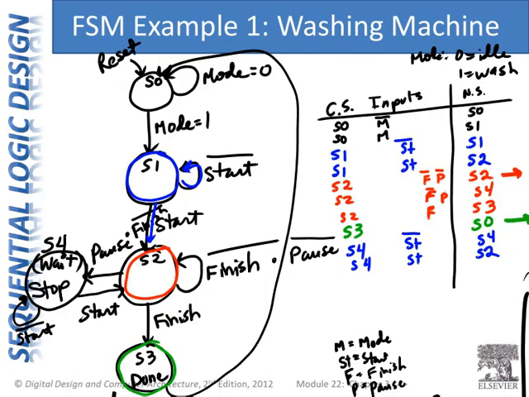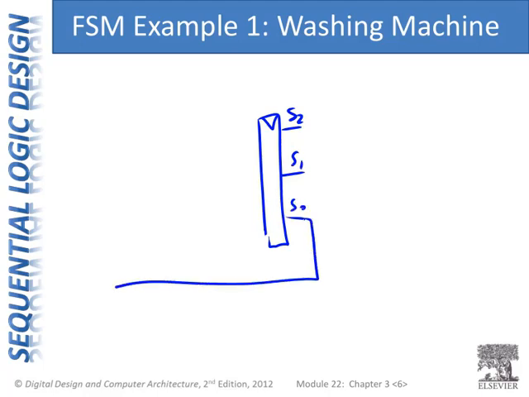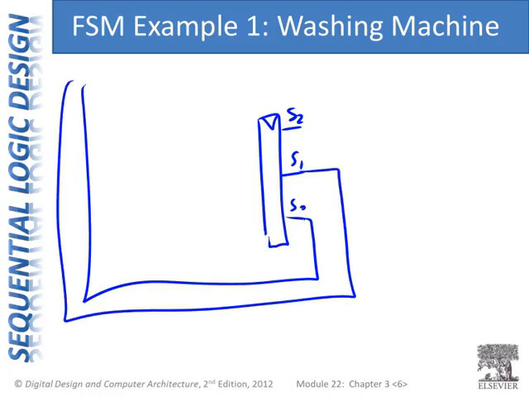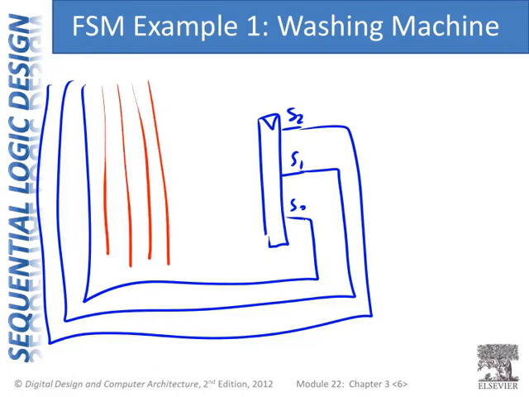So now we can build these equations using circuits. And so, in general, just like all of them, we'll have a state register. In this case, we'll have 3 bits of state, S2, S1, S0. We'd pull those state bits around and then bring in our inputs, mode, start, finish, and pause.